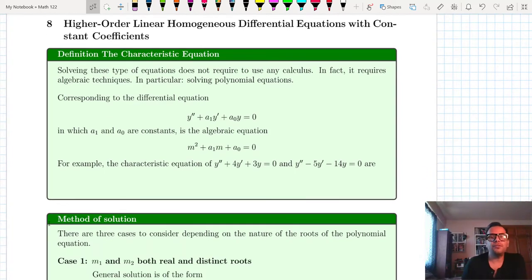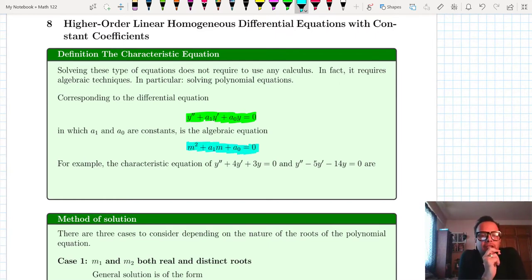So we are going to rewrite a differential equation, converting it into an algebraic equation in which the derivative factors disappear and we put the variable m.